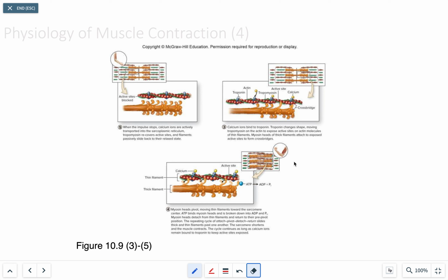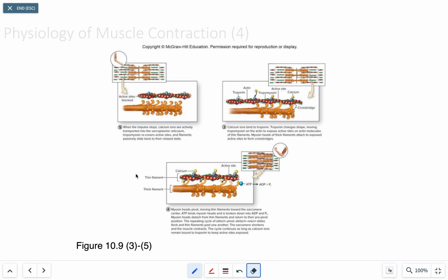Once these activation sites are exposed, then we see the myosin head pivoting towards the G-actin, and we consider this to be the cross bridge. So the myosin of the thick filaments are exposed to the activation site.